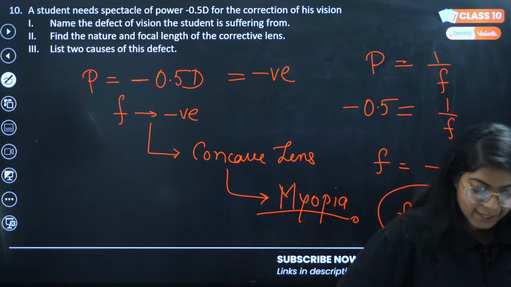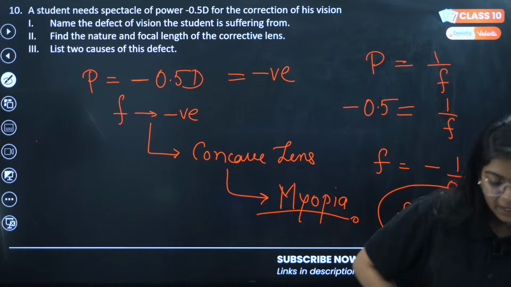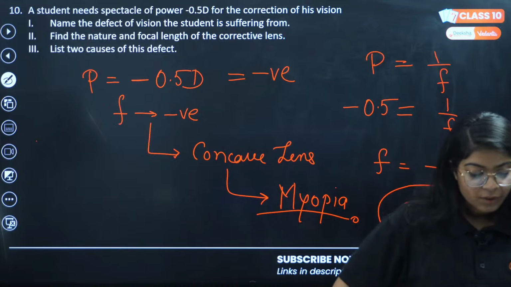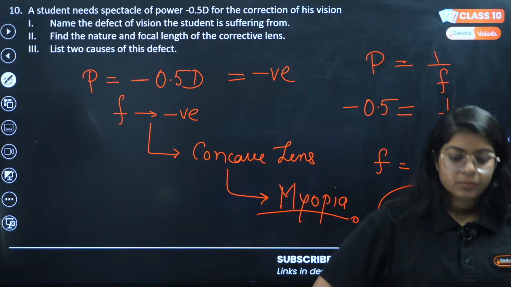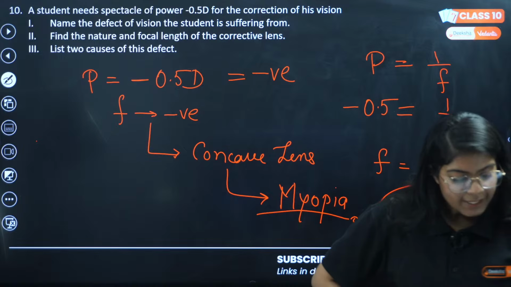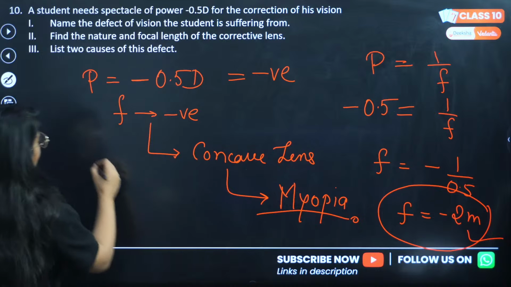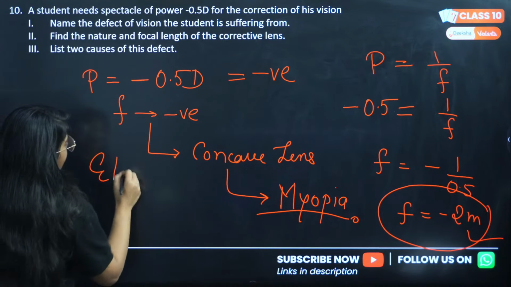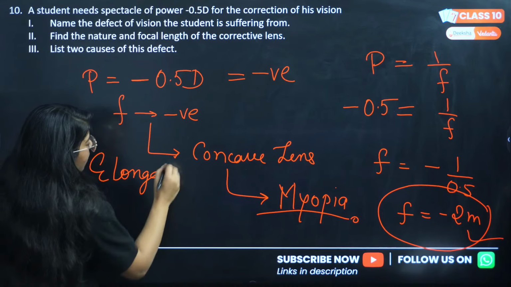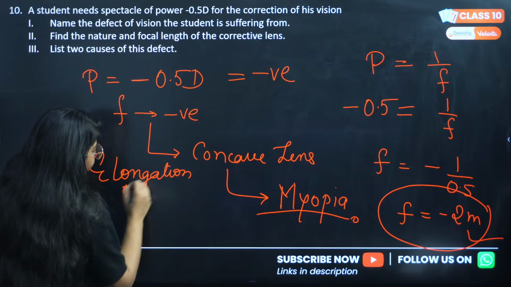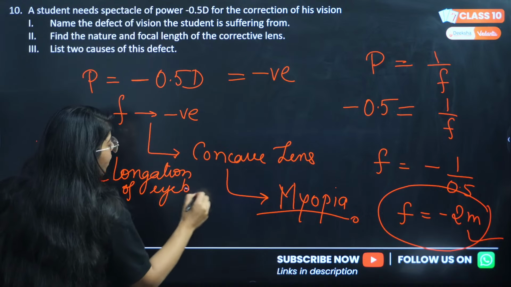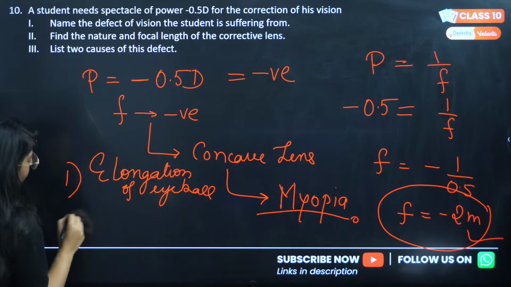Okay, Karan is saying front. Yes, elongation of eyeball can be a reason. Correct. Okay, Karan is correct. So in this case, I actually started writing the answer. So 2 causes are elongation of eyeball, or the second will be what?